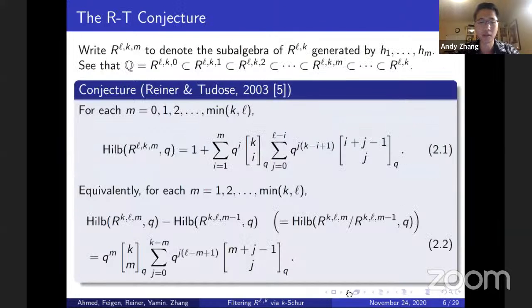More concretely, without loss of generality, let's assume k is less than or equal to L. If we plug in k for m, then the right-hand side should reduce to the q-binomial coefficient, k plus L choose L. This is not obvious. Actually, it's a statement in combinatorics that leads to some insight into this conjecture.